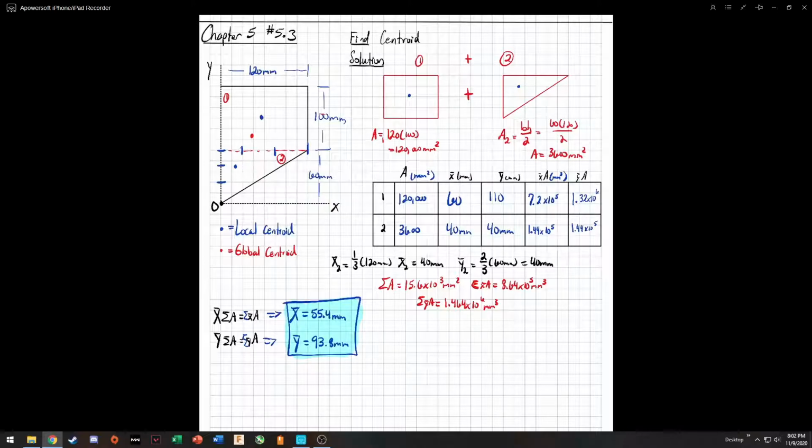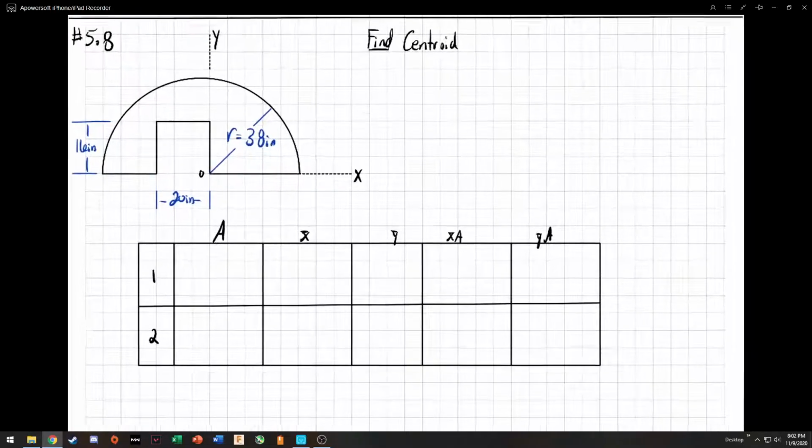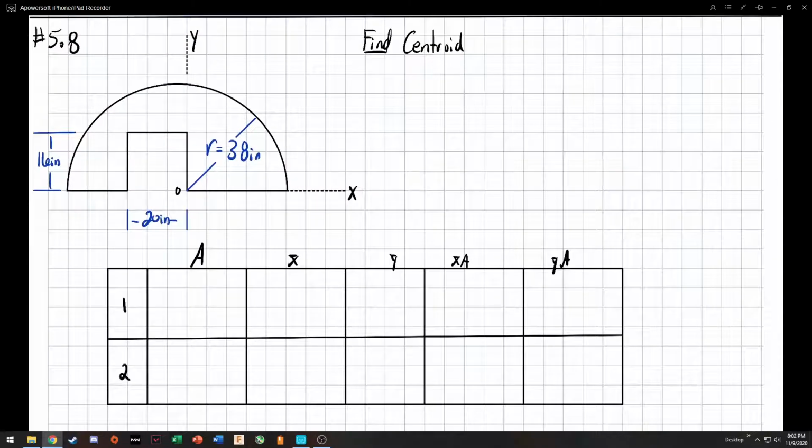So, now that that one's done, we'll move on to the next problem, which is going to be 5.8. 5.8, based off what we're looking at right here, is going to be a semicircle minus a rectangle. Again, we're finding the centroid, so I'm going to label the semicircle as 1 and our rectangle as 2.